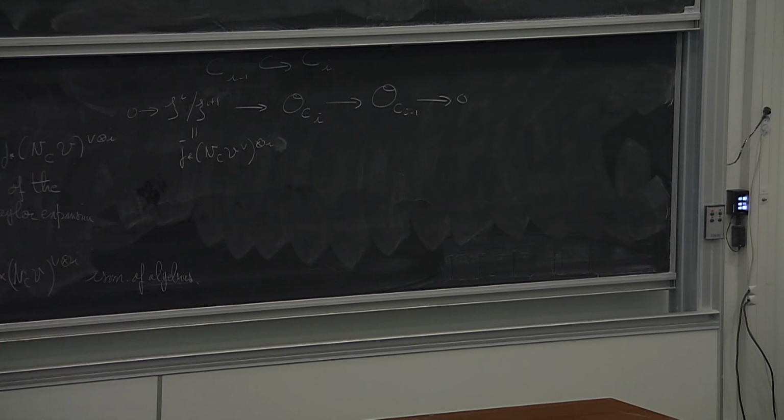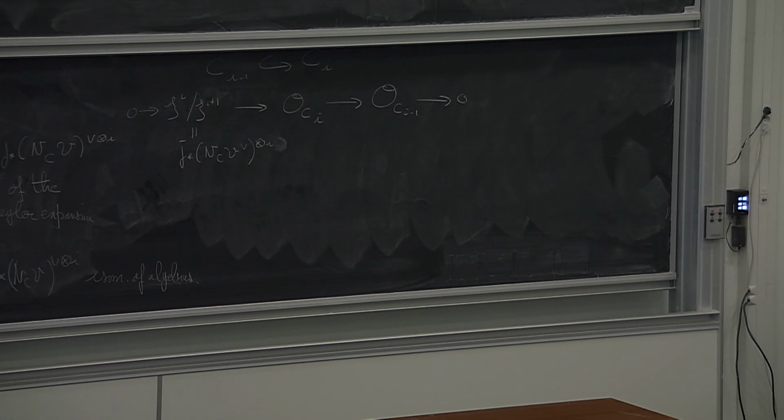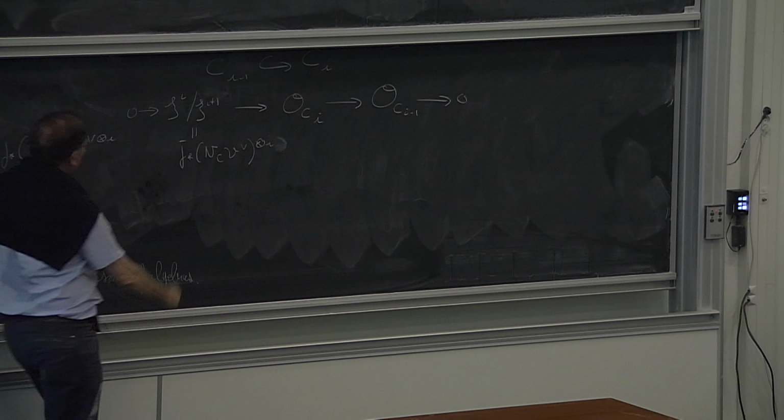Here, this is the kernel by the very definition of O of C_i, O of C_(i-1) as a quotient. And this kernel is this sheaf.